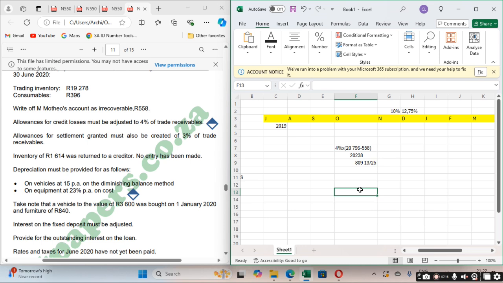Let me bring out my calculator, because I don't think this is correct. So 4% multiplied by 20238 is 809,52.